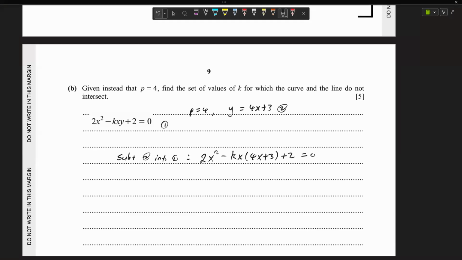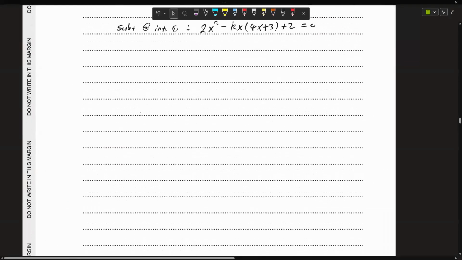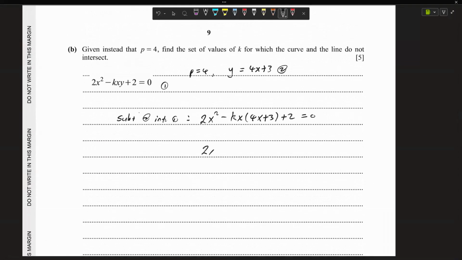Okay, so that's what we'll be having. We need to simplify this quadratic, right? How much space we got? We got good space. So let's go 2x squared minus 4kx squared minus 3kx plus 2 equal to 0.